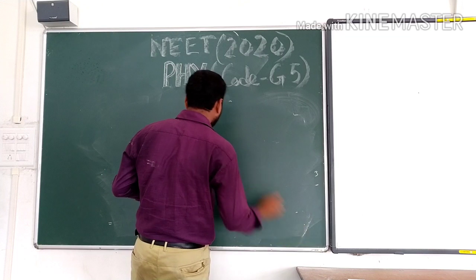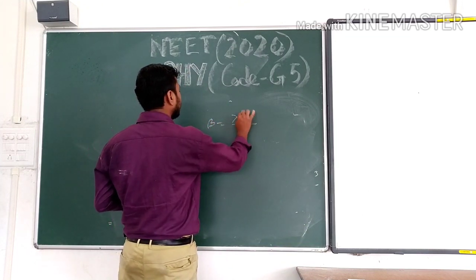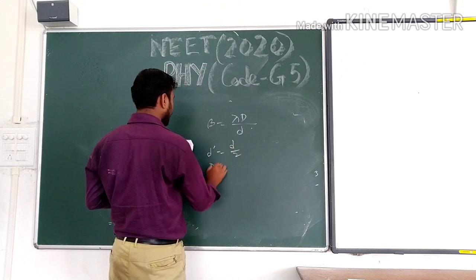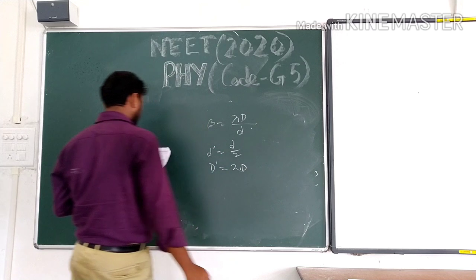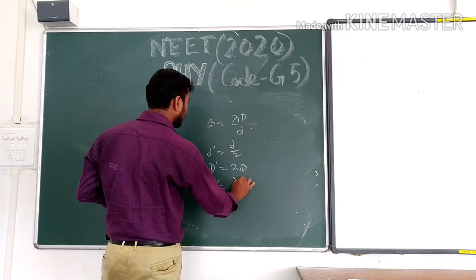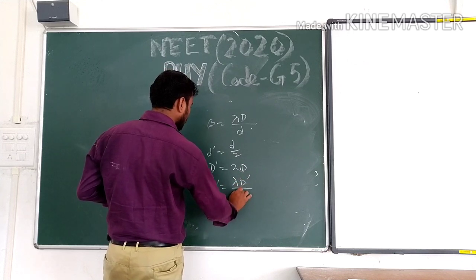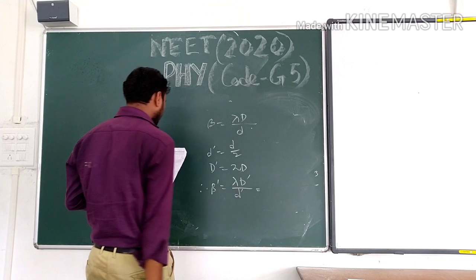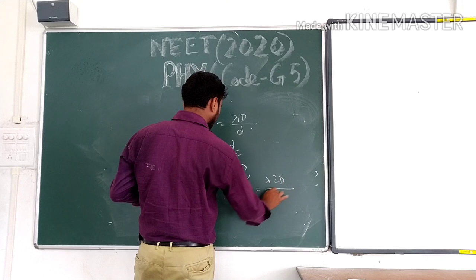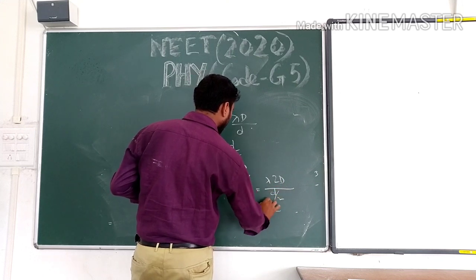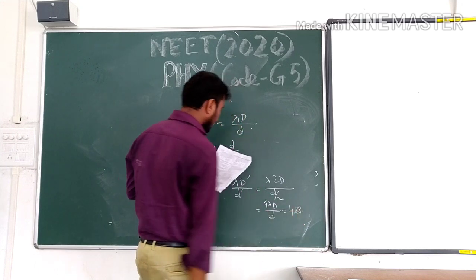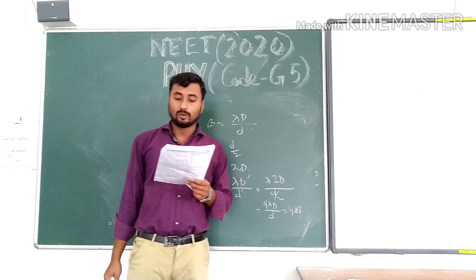Beta equals lambda D by d. Here d is halved and the screen distance D is doubled, twice. So it will be lambda twice D by d by 2, which is 4 lambda D by small d. It will be 4 beta. So it will be 4 times. Option 2 is correct.